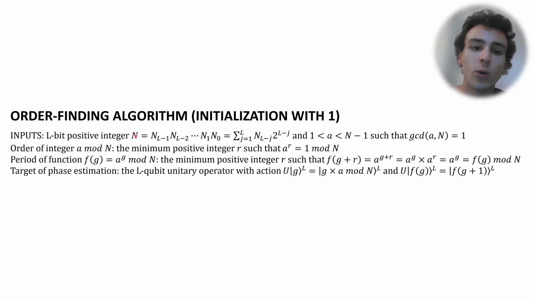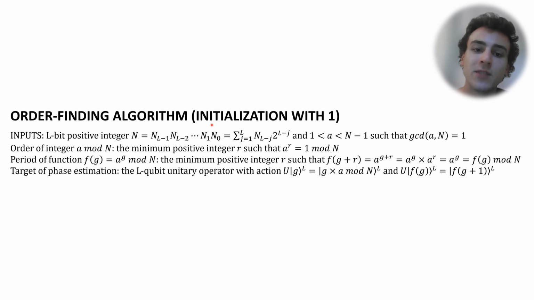Then if we go all the way to the other end, to the rightmost bit, that corresponds to j equals L. So when j is equal to L, we're going to have L minus L in the subscript. L minus L is 0, so that corresponds to n sub 0. And n sub 0 is going to get multiplied by 2 to the power of 0, which is 1. So the rightmost bit in this bit string of length L corresponds to the ones place.